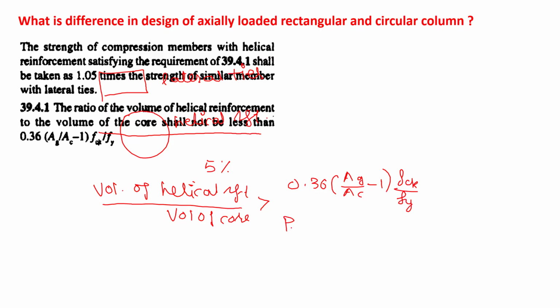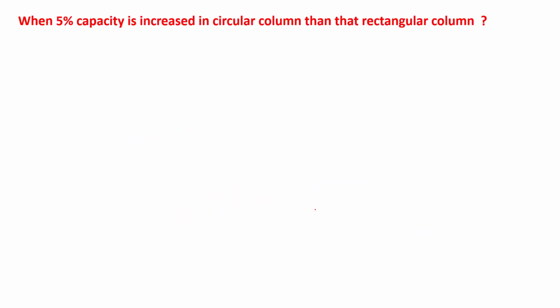If satisfied, then your value of Pu is 1.05 times 0.4 fck Ag plus 0.67 Fy minus 0.4 fck into Asc. So it is increased by 5%. You can read over here 1.05 times. So I have explained the same, but you should know these terms.